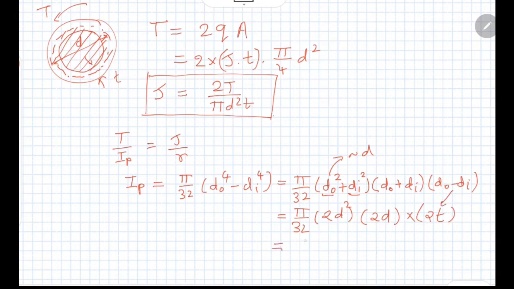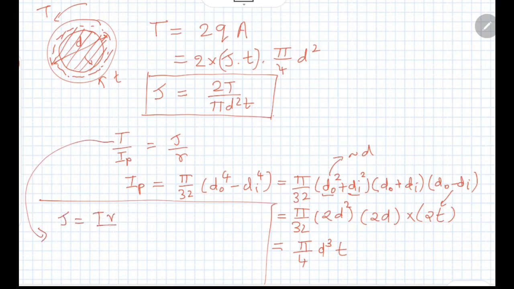So we'll get the value of IP as pi by 4 d cube t. So that is the value of IP what we get. And hence, by this equation, we'll find out tau equal to TR by IP. So in this case, R and the mean radius both will be same.